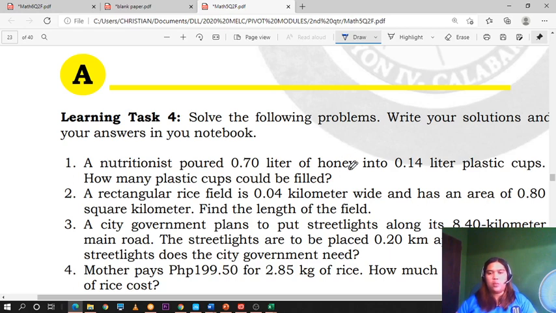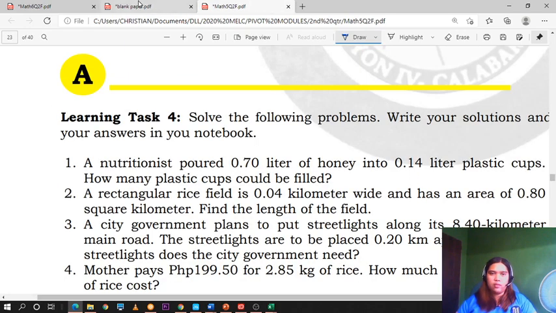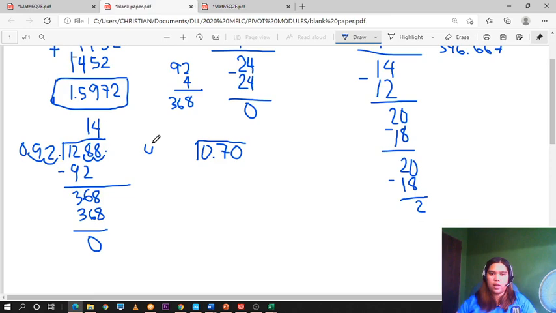So, ilan daw plastic cup ang mapupuno dun sa 700 liter of honey. So, ito po ay i-divide uli natin. So, we have 70 hundredths divided by 14 hundredths.